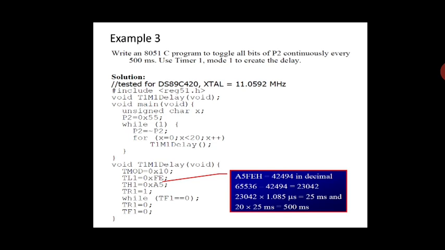Now, for x equal to 0, x less than 20, x plus plus. You might wonder why I took x less than 20. Look at this: with x equal to 0 and x less than 20, the time delay will be repeated 20 times.